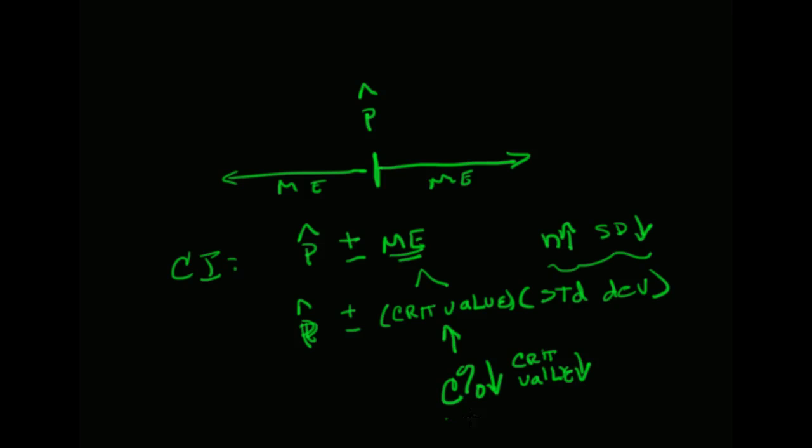So there are two major ways to make the confidence interval narrower, and we'd like to have nice, tight little confidence intervals. One is to not be so confident, or two, take a bigger sample. We're going to look at this in a little more detail for proportions over the next couple of days, but this is the pretty straightforward idea.